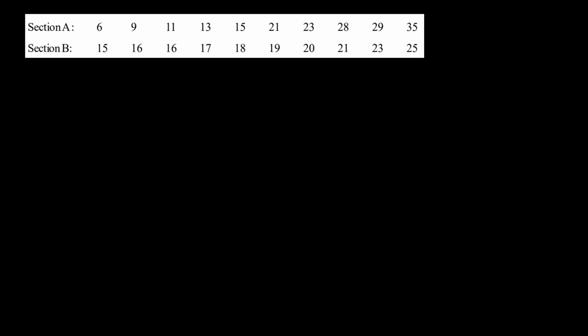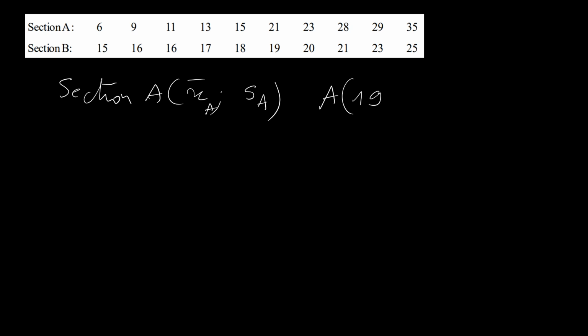So let's sum up and try to find out the difference between section A and section B. Here in section A, the most common measure of central tendency is the mean, the x bar of section A, and the most common measure of dispersion is the standard deviation of section A. So the mean of section A is 19, and the standard deviation of this section is 9.67.